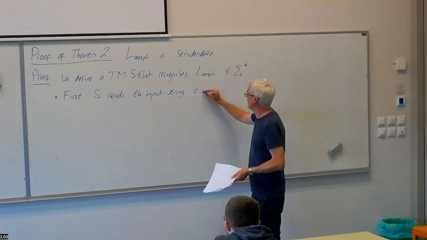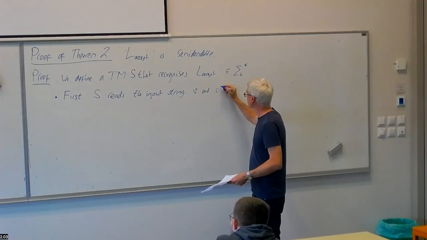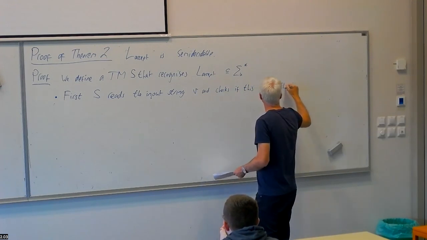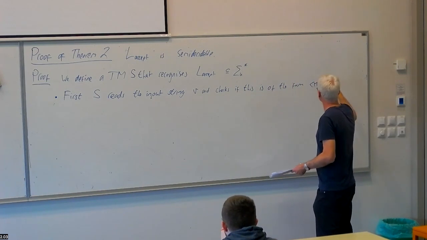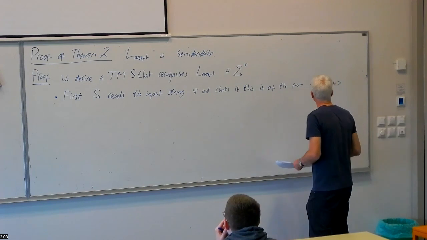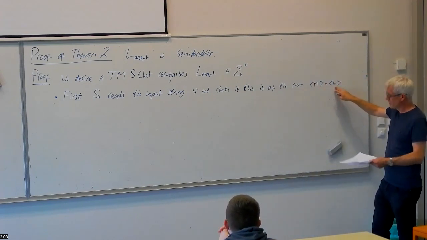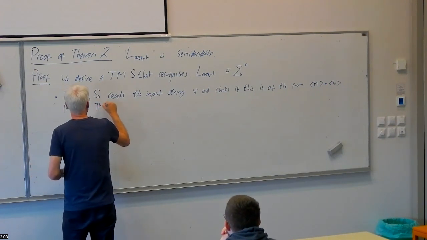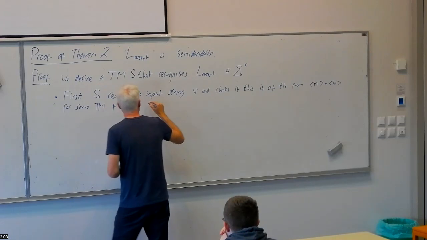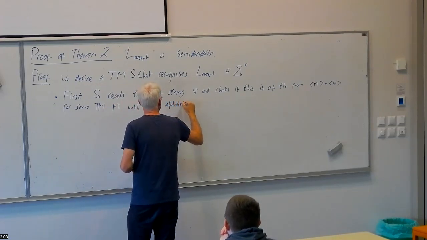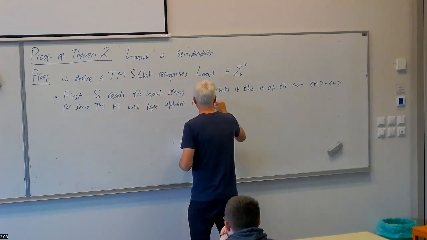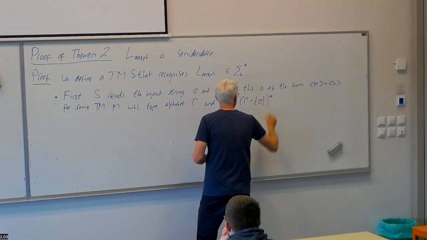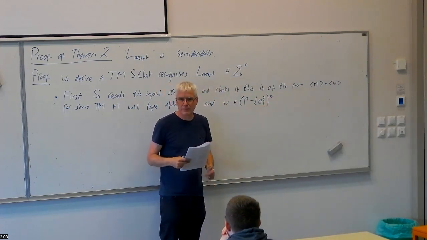So it reads the input string V and checks to see if this is of the form encoding of a Turing machine, bullet, W, for some Turing machine with some tape alphabet Gamma, and some word W, which is from Gamma with the empty square removed.